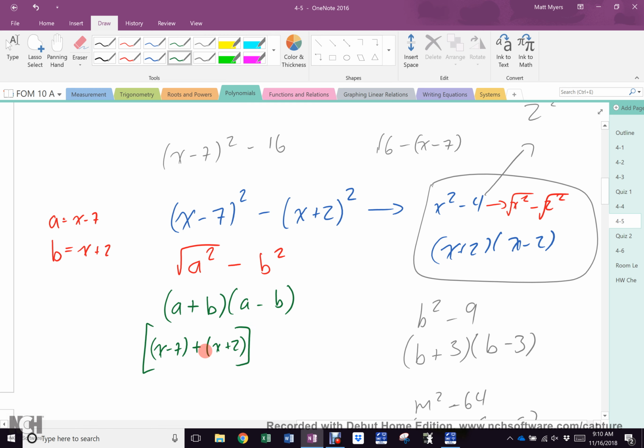I didn't want you writing this down because you can see it gets a little complicated, but it's not actually complicated, is it? When you slow down and look at it, you're cool. What's A? X minus 7. Minus, what's B? X plus 2. Now, do you see some like terms? What is x plus x?